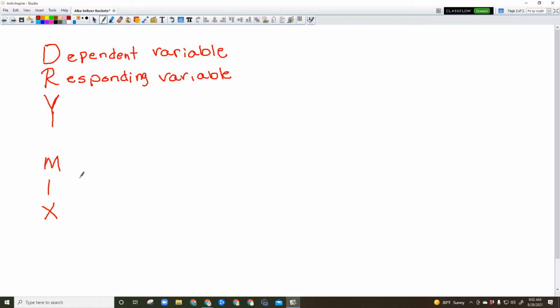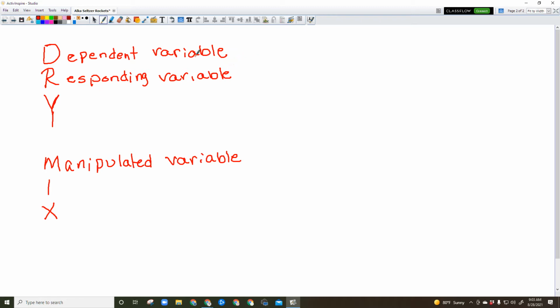So let's look at MIX. M stands for manipulated variable. The word manipulated means controlled or changed. So this is the variable that you're going to control and change, and when you make this change, some kind of response is going to happen.